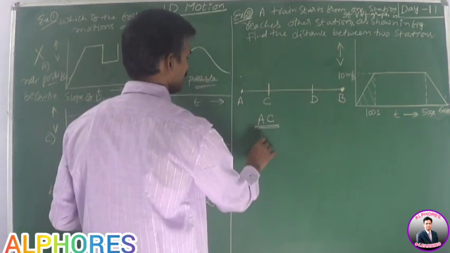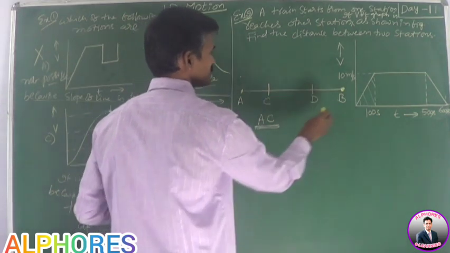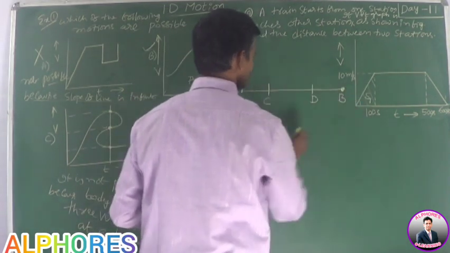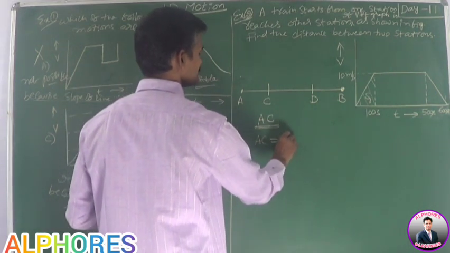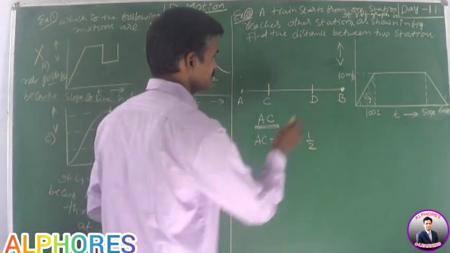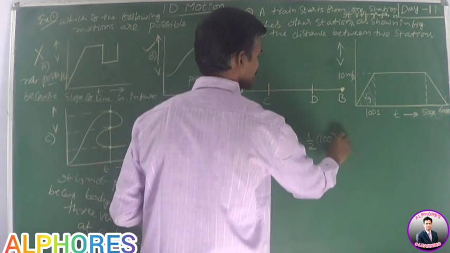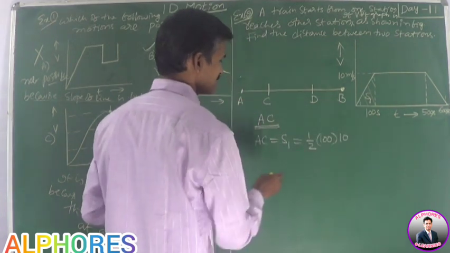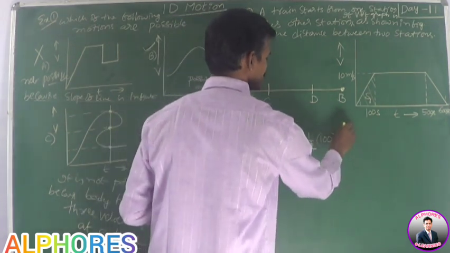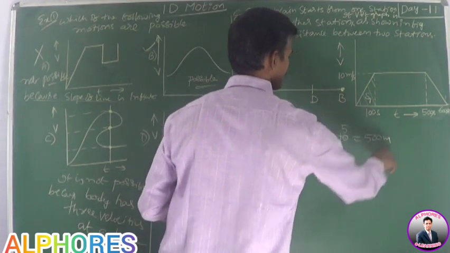I call this displacement S1. So S1 is half base into height. Base is 100 seconds into height is 10 meters per second. These 2 get cancelled, 2 5s, that is 500 meters.